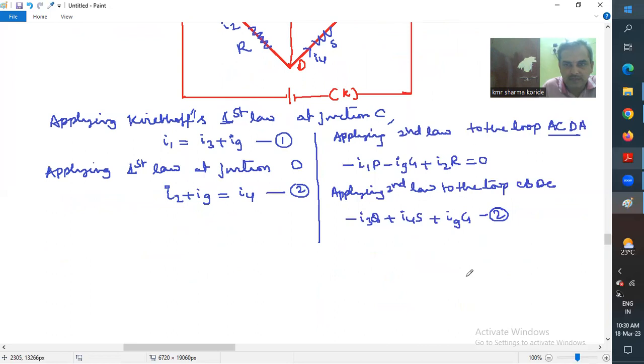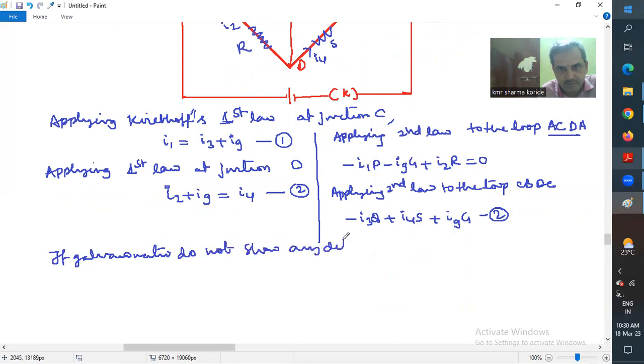So there is a condition called balancing condition. If galvanometer do not show any deflection, then bridge is said to be balanced. So therefore, Ig equal to 0.